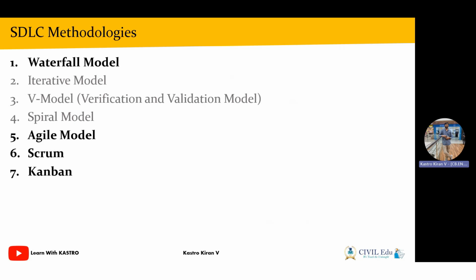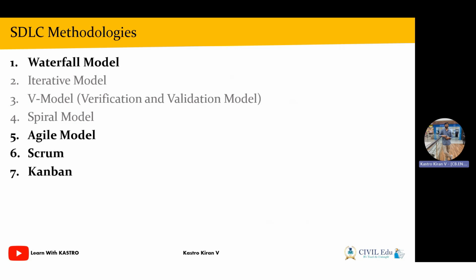As a part of your curriculum, the waterfall model is not included, but here I'll be covering the waterfall model just to make you understand how it works, what the advantages and disadvantages of the waterfall model are, and why there was a requirement to develop the agile model when we have the previous versions, the waterfall model, iterative model, V model or spiral model.